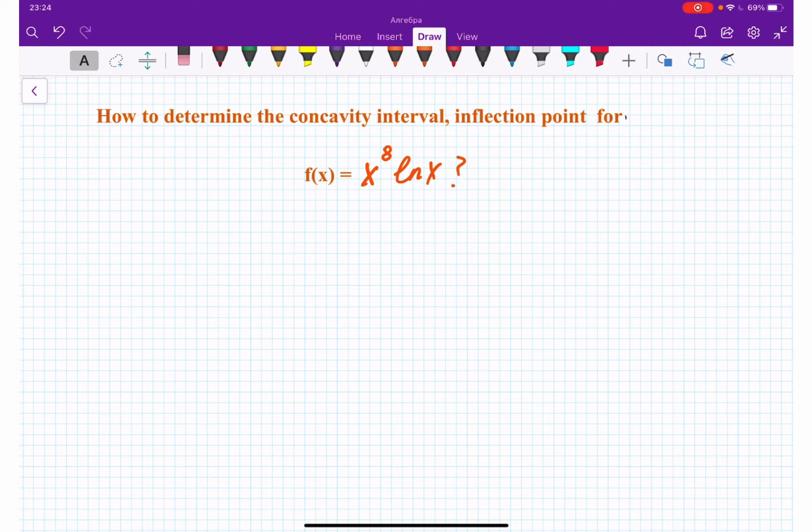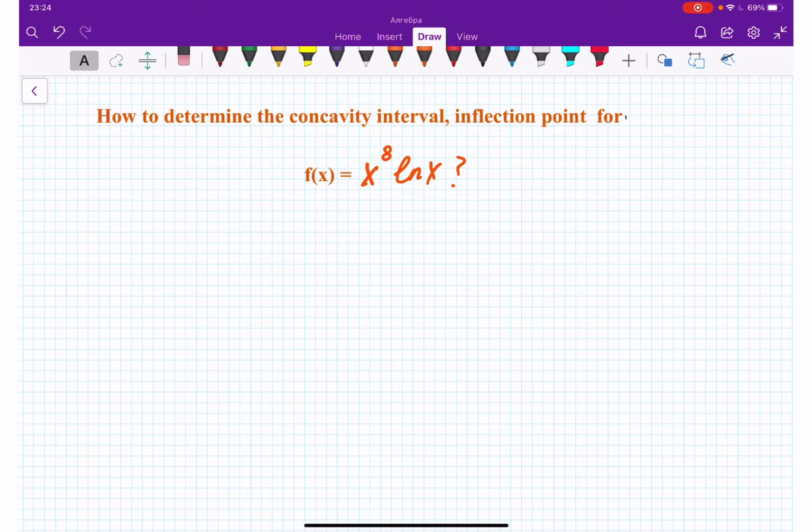Okay, how to determine the concavity interval and inflection point for f of x equals x to the power 8 times natural logarithm x. To identify concavity for any function f, first we need to get the second derivative and identify its positivity on the interval.